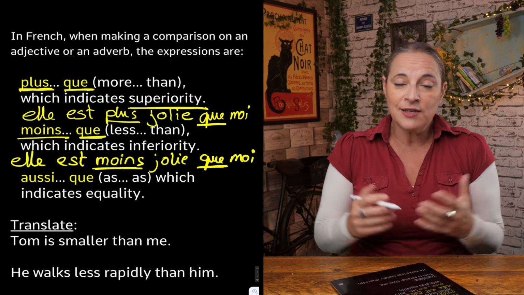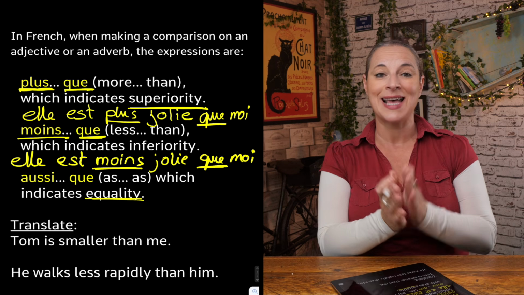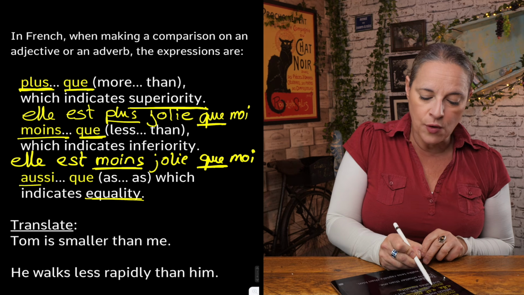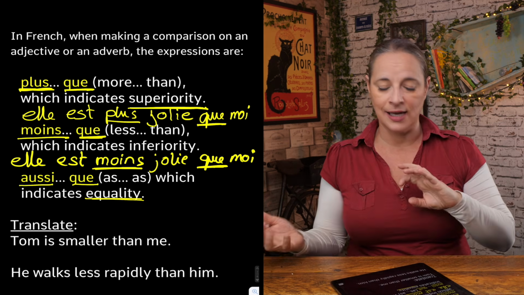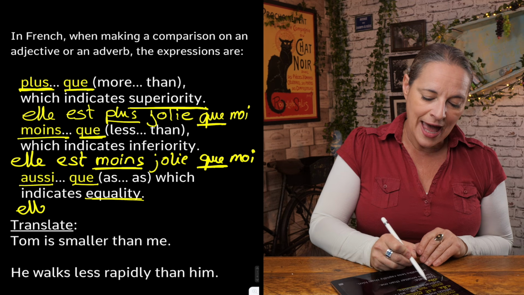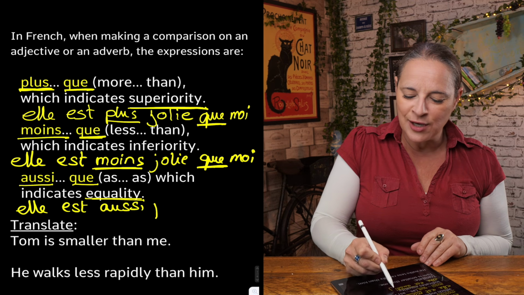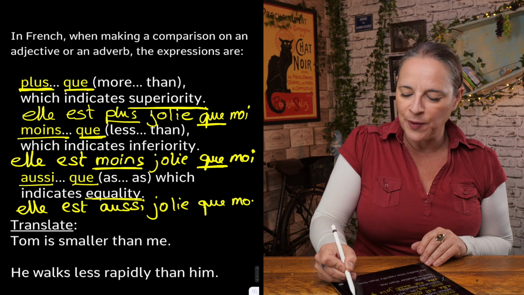Now, if you wanted to use the comparatives of equality, in that case, we wanted to say she is as pretty as me, okay? Then you use aussi, then the adjective, que, as, okay? So, elle est aussi jolie que moi, okay?